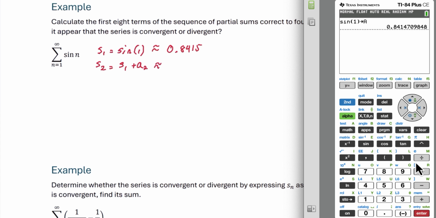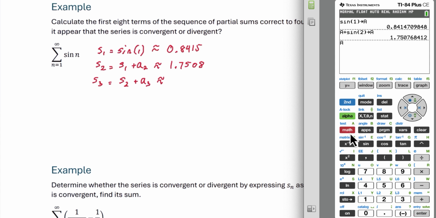S2 is S1 plus A2. So we have the previous alpha A plus, now we're adding sine of 2. We again want to store that. We get 1.7508. S3 is the previous sum plus A3.